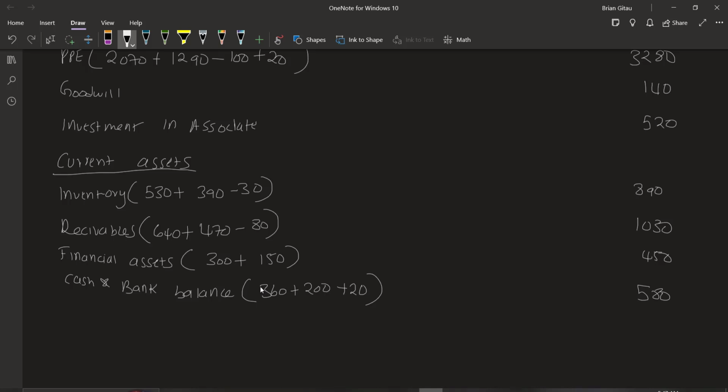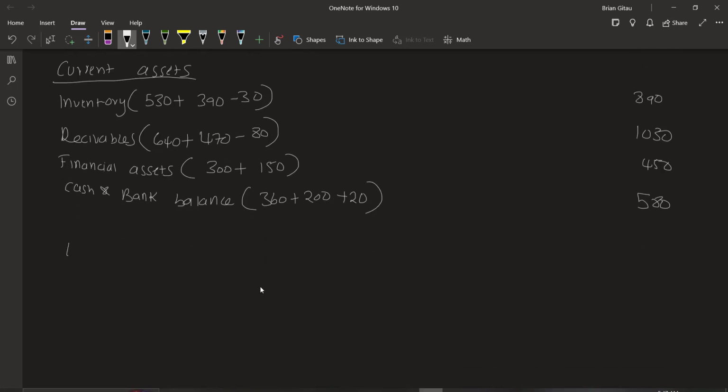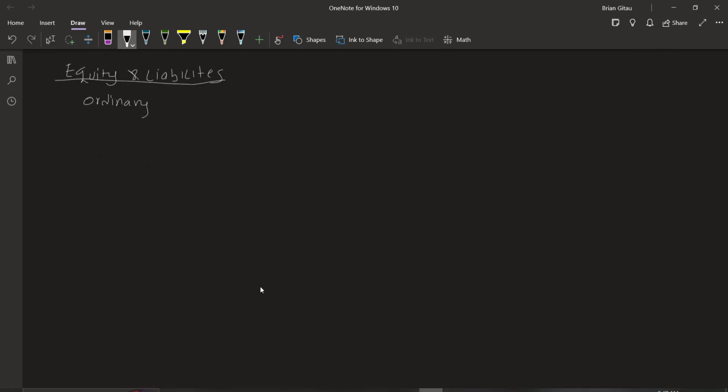Okay, let's proceed. We have equity and liabilities. So for equity, we only take the holding company's equity, and we have ordinary share capital is 2500.